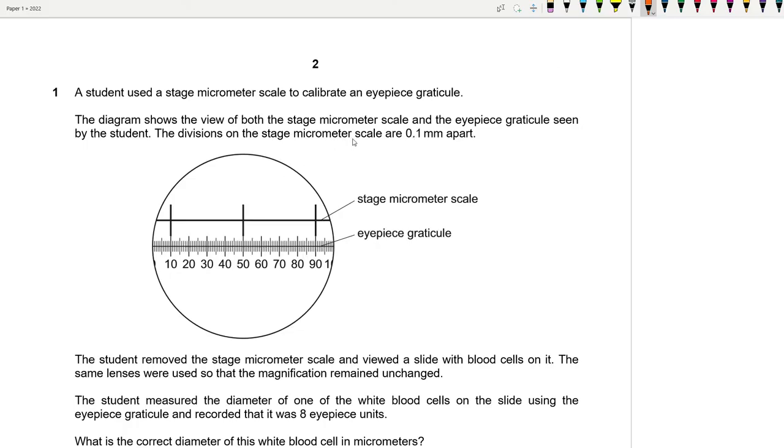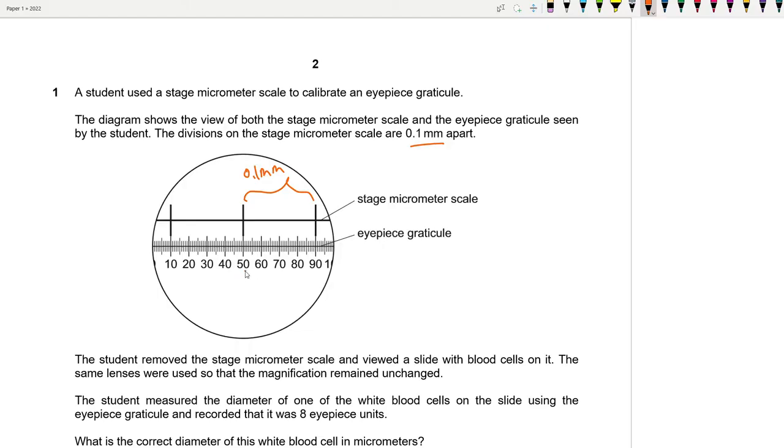So basically, guys, we use the stage micrometer for calibration with the eyepiece reticle. Because the stage micrometer is usually larger, the graduations are larger. That is why we can't use the stage micrometer directly to find out actual lengths. We know that the divisions on the stage micrometer are 0.1 millimeters apart.